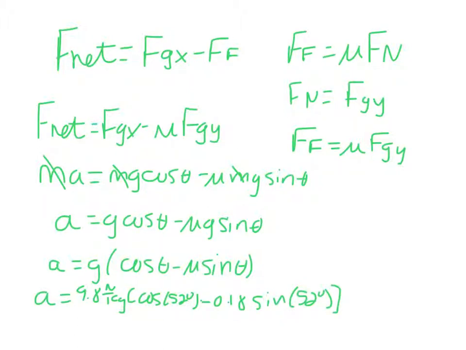When we put all of this into our calculator, you're going to end up with 4.64, keeps on going, meters per second squared. And with 2 sig figs, acceleration is approximately 4.6 meters per second squared.